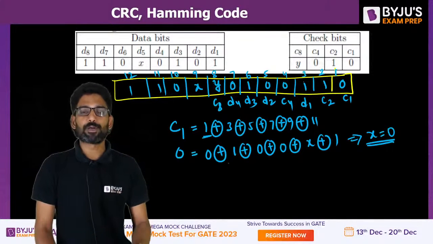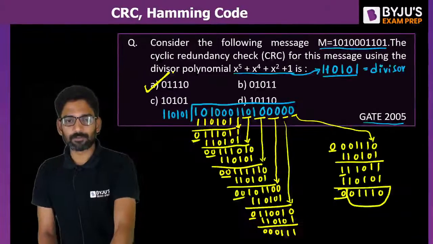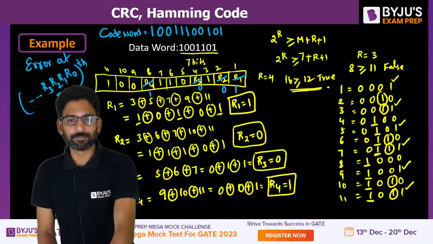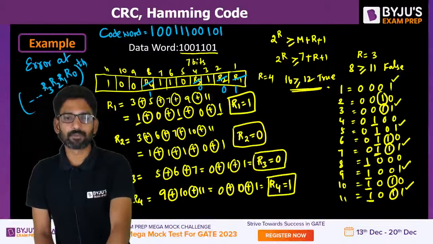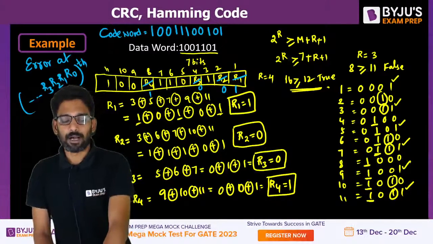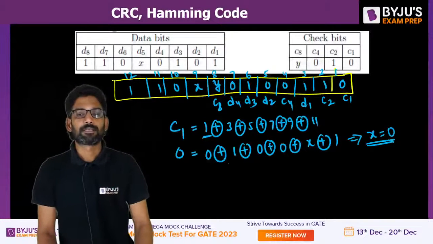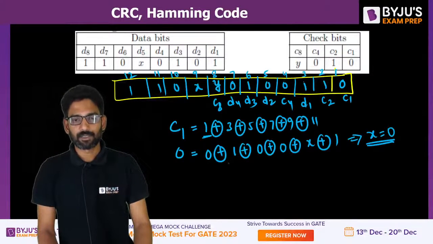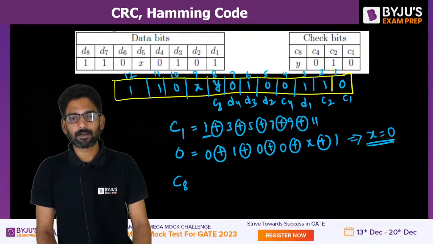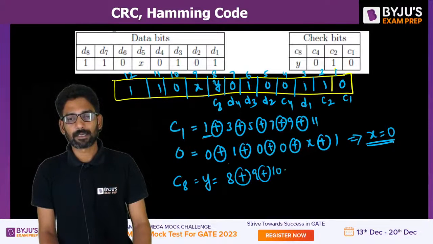How do you get Y? Y is in the 8th position. So, which positions do we consider for C8? C8, which is equal to Y, is the XOR of 8, 9, 10, 11 and 12.